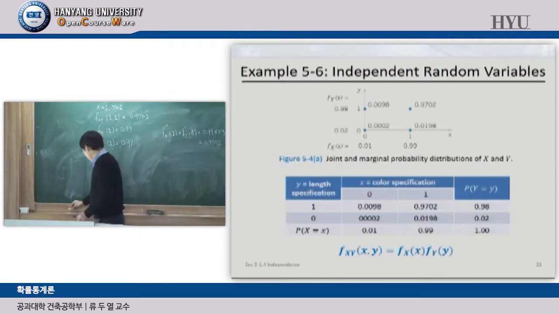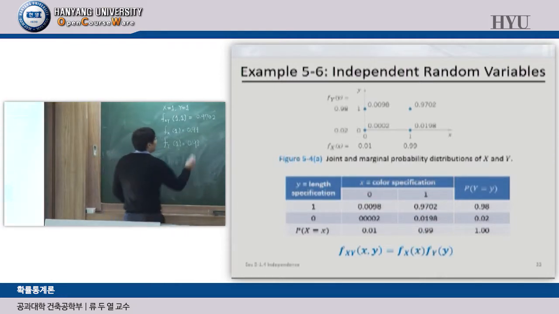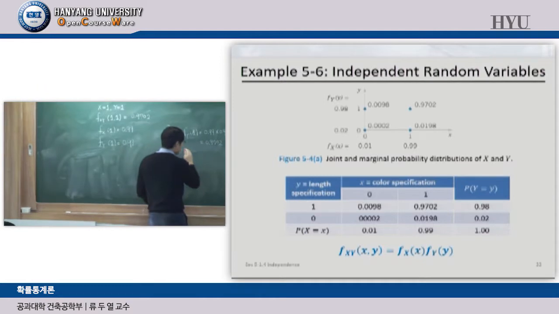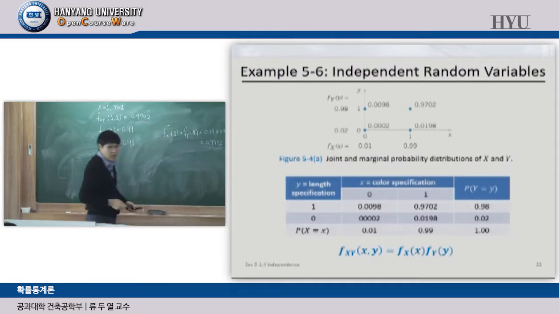That is equal to 0.9702. And as you can see here, the joint probability mass function and also the multiplication of each marginal probability mass function are identical.